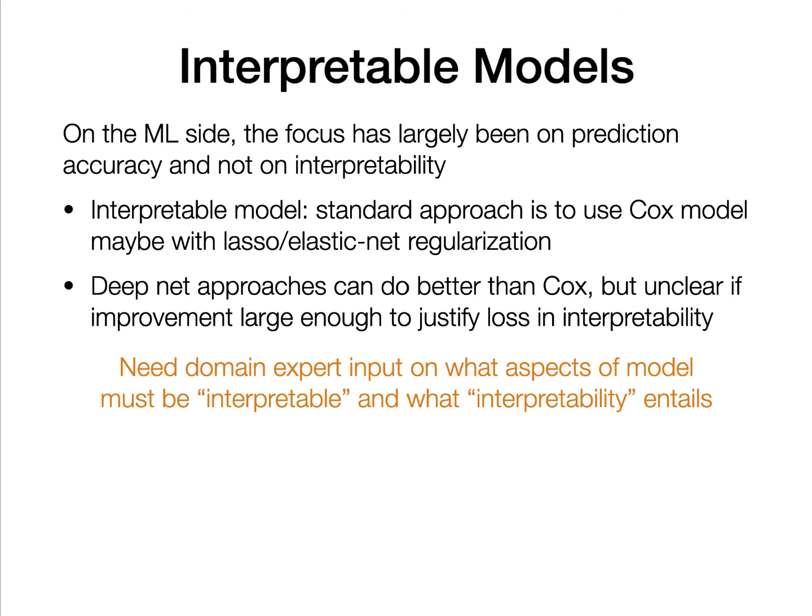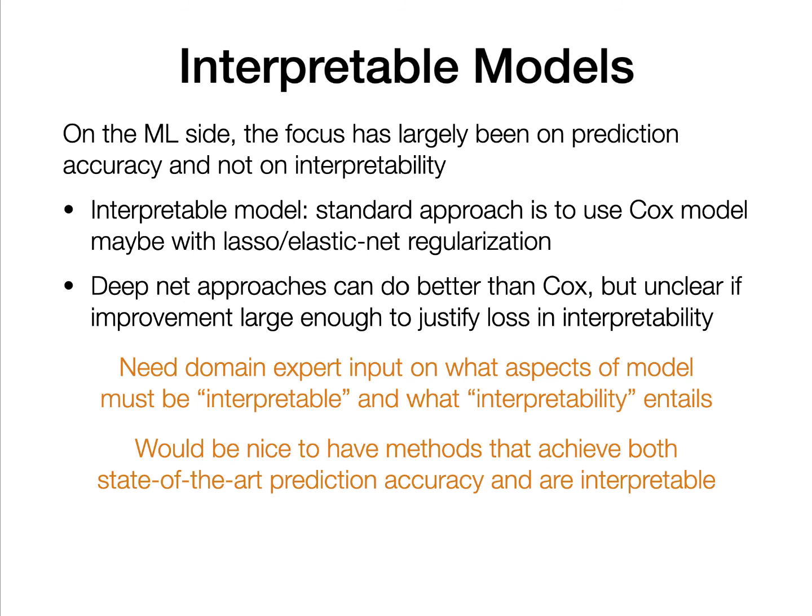It depends on a domain expert to provide input on what parts of the model should be interpretable versus what parts of the model we don't really care about interpretability, and can then use whatever black box models that we want to use to estimate those aspects. Okay, this I guess is like how the Cox model is semi-parametric. Some part of it that's parametric is the part we care more about in terms of interpretability. The baseline hazard function is often just something we care less about, so we don't specify a parametric form for it.